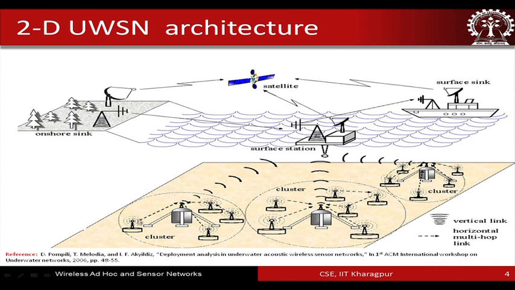Different clusters of nodes are formed out of the sensor nodes deployed on the ocean floor, and from these cluster heads a vertical link connectivity is set up to the surface station. From the surface station, the data are sent through satellites or whatever to the surface sink. This is the 2D architecture.